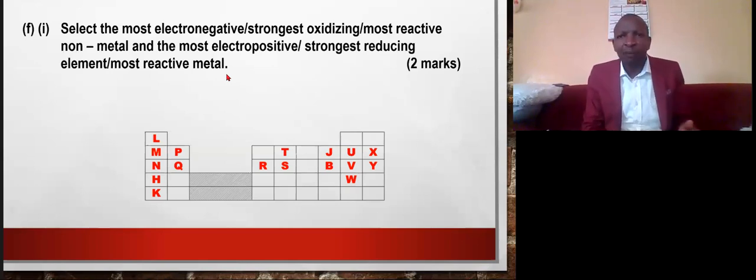So the strongest oxidizing agent, or rather the more reactive non-metal, will be an atom with a smaller atomic radius and fewer electrons to gain, and that automatically takes you to group 7, the one on the top.